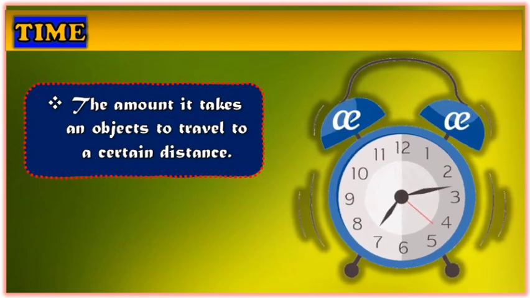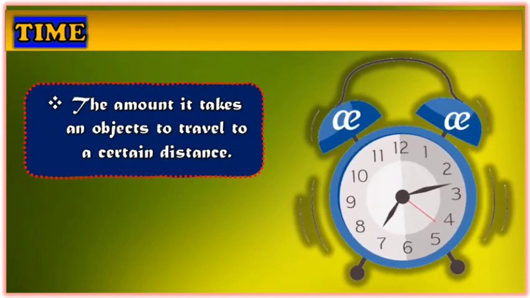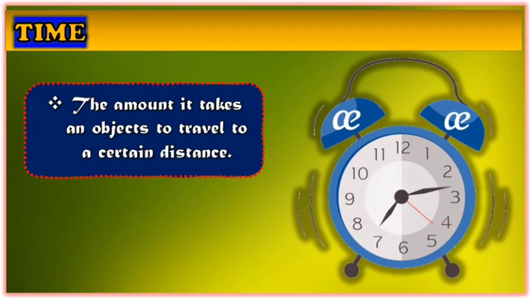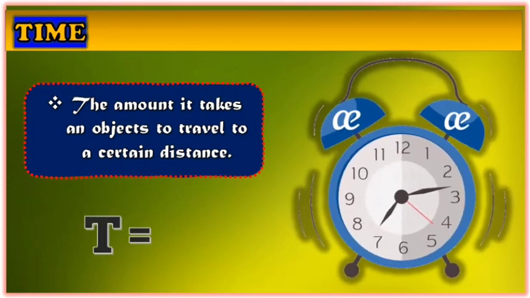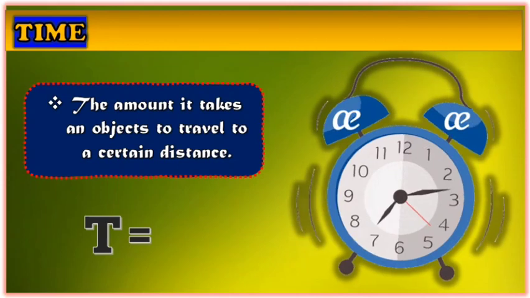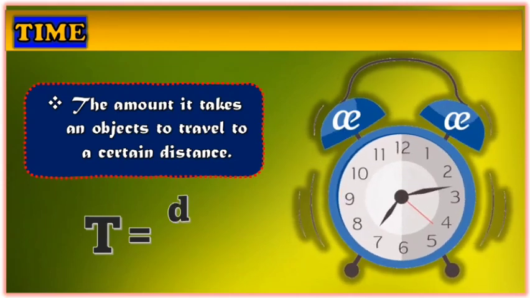Dahil nagkotse siya, sobrang bilis yung kanyang nilakbay. So that is on how to deal with the time. So how to get the time of an object? So time, T, is equal to D for distance divided by S for speed. So take note of that. That is the formula on how to get the time of an object.